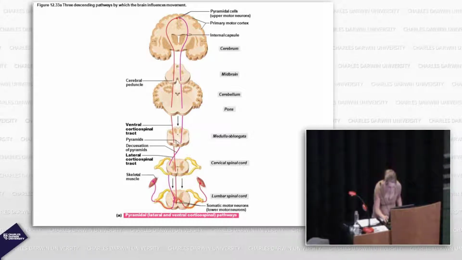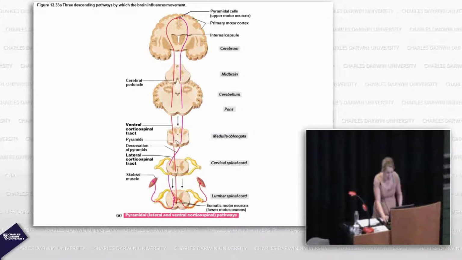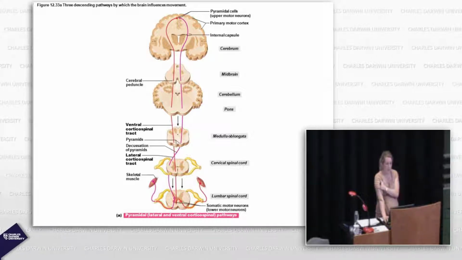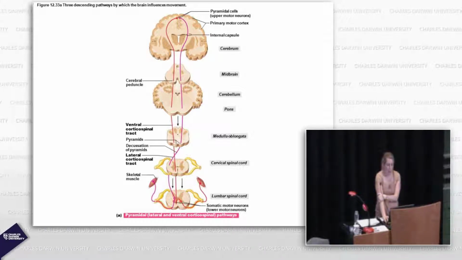We've got one that's crossing over just after it goes through the pyramids of the medulla, and then the other one crosses over in the actual spinal cord.